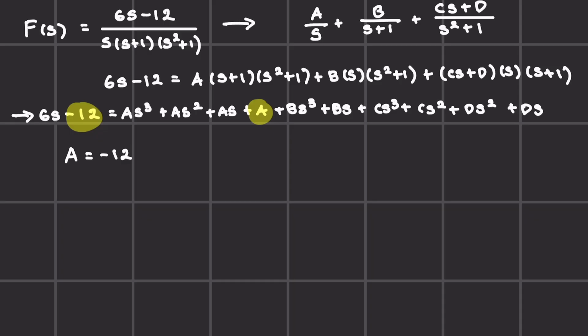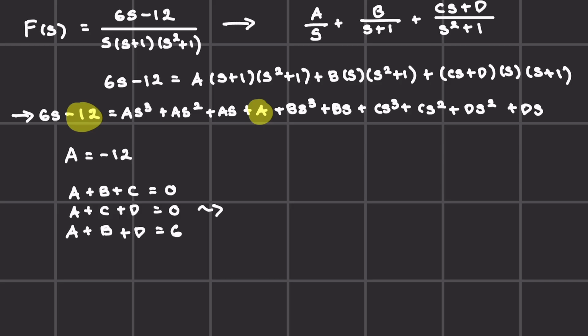So now we have three different equations. The first one is A plus B plus C equals 0. We have A plus C plus D equals 0. And lastly, A plus B plus D equals positive 6, not negative 6. Since A is equal to negative 12, this makes everything easier.